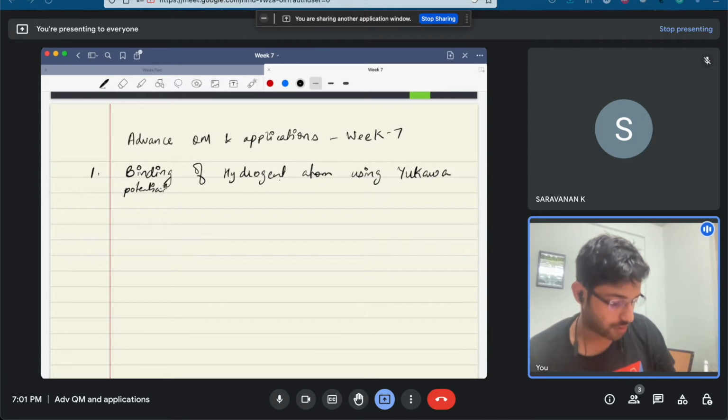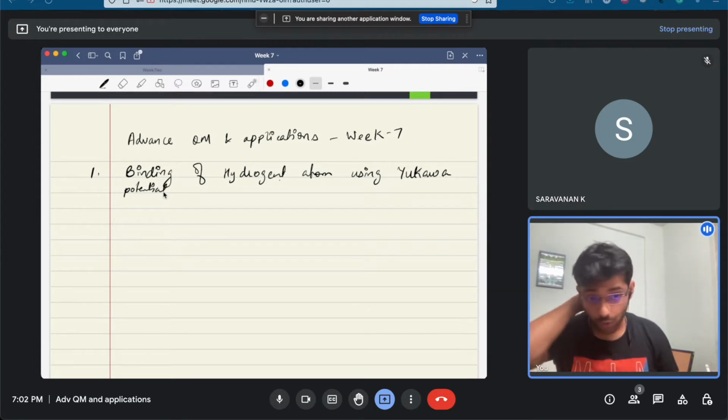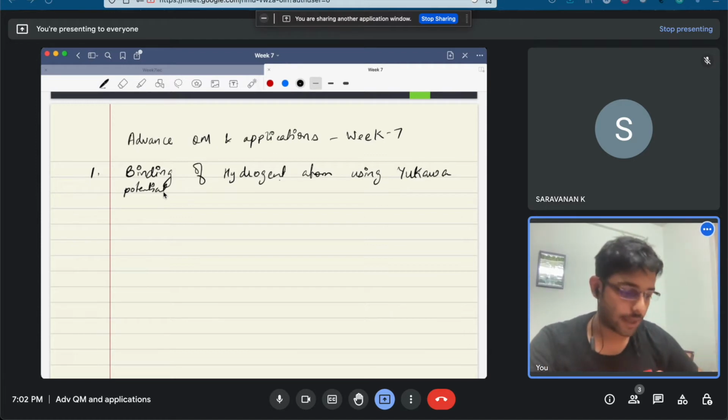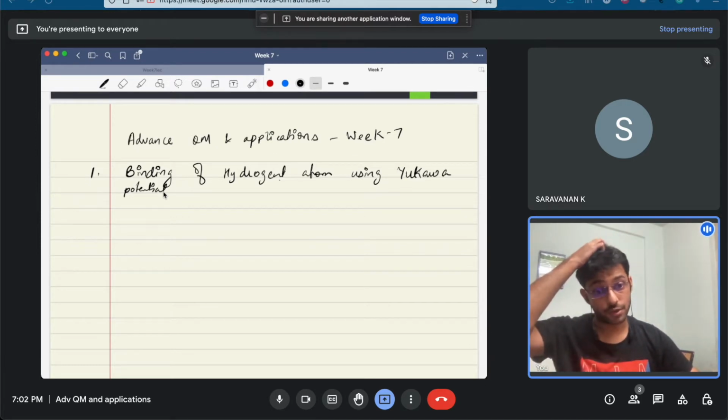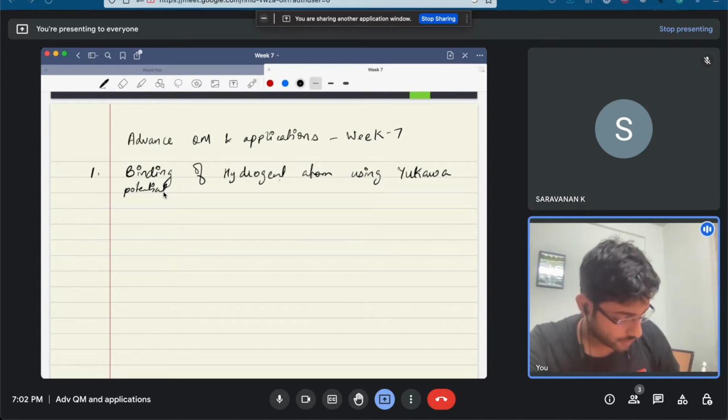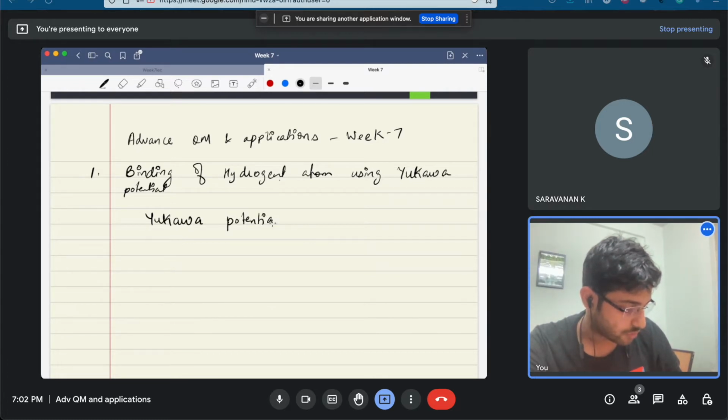So we are going to take two problems on the variational principle which deal with the hydrogen atom, and then we are going to go for some WKB approximations. So let us first look at what the Yukawa potential is, and then we can move on to solve it.